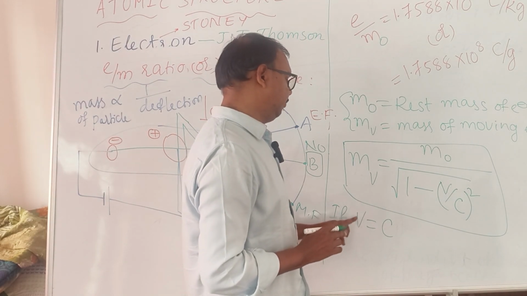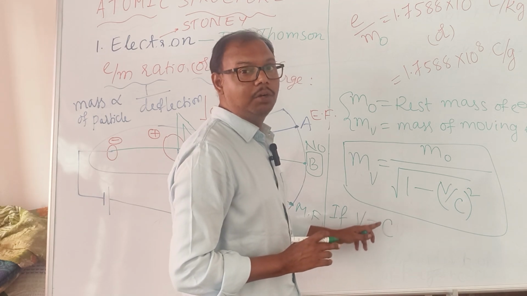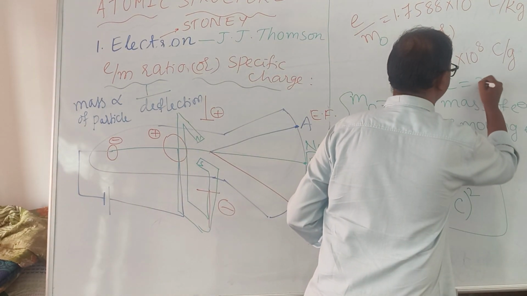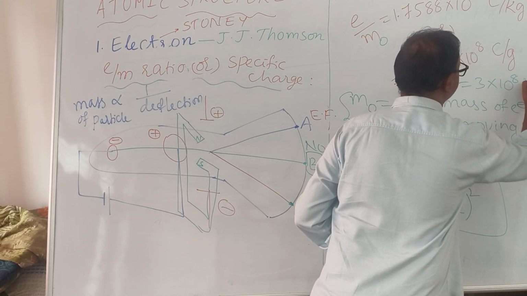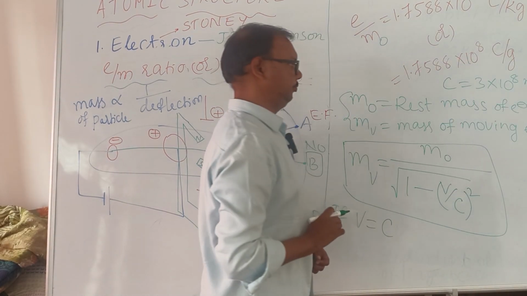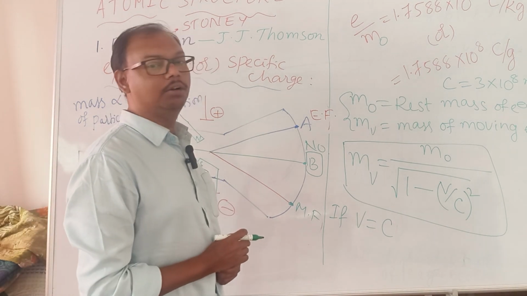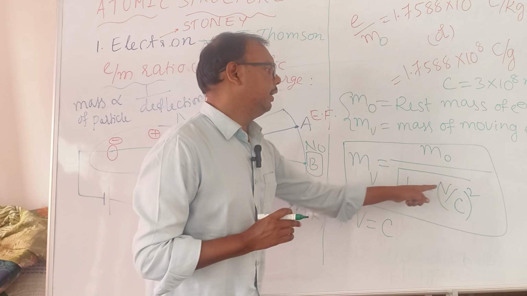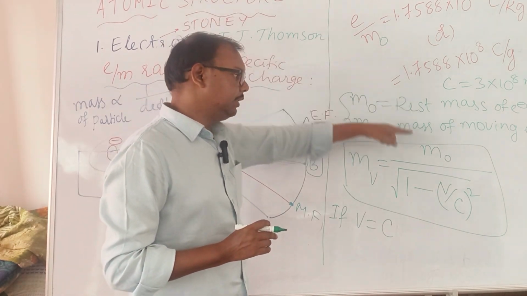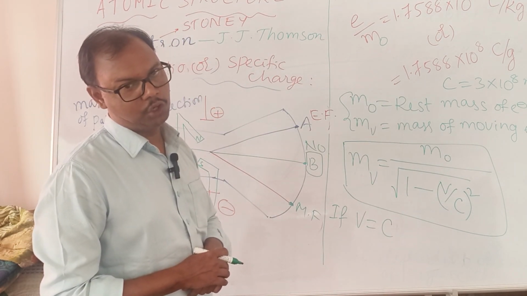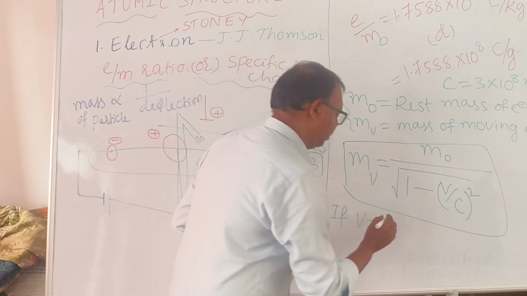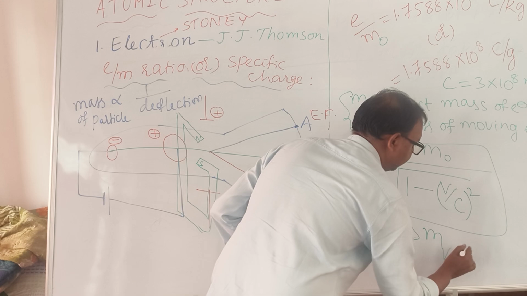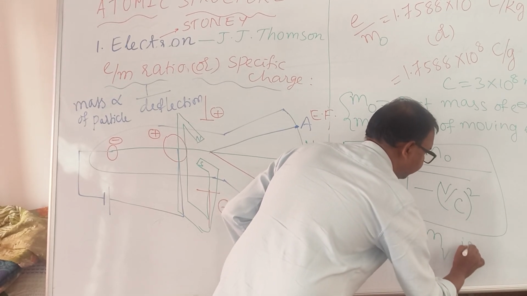If the velocity of electron is equal to the velocity of light, which is 3 into 10 power 8 meter per second, if v equals c, then 1 minus 1 becomes 0, m by 0 becomes infinity. Therefore, if v equals c, mv becomes infinite.